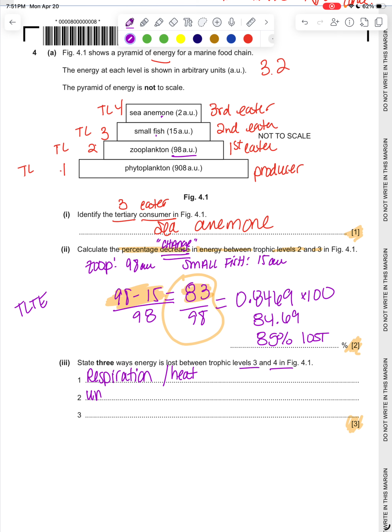There's going to be, for this one, undigestible parts, like the bones. The anemone probably won't be able to digest the bones. That's typically not what we consider to be biomass. Any parts uneaten. Not that it's undigestible, but they didn't eat it in one bite.